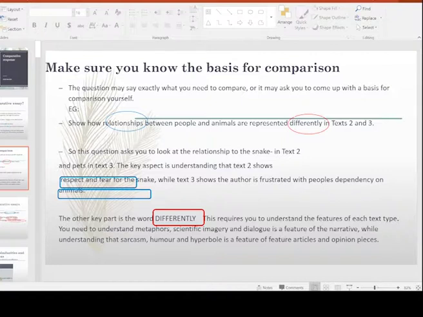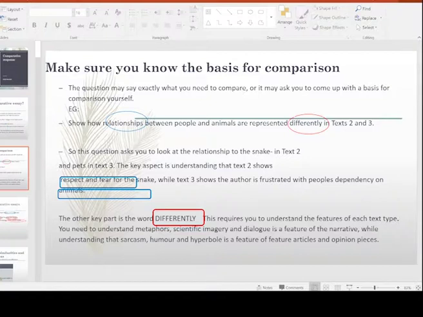In text 2, it was a narrative and it used metaphors and similes, and the relationship was one of respect and fear. In text 3, the author was frustrated with people's relationships with their pets to the point that they'll bring them on aeroplanes, pooing on planes and slobbering over our veggies.